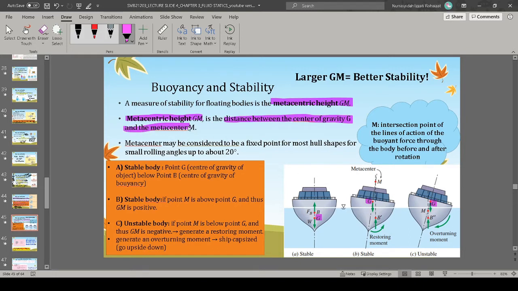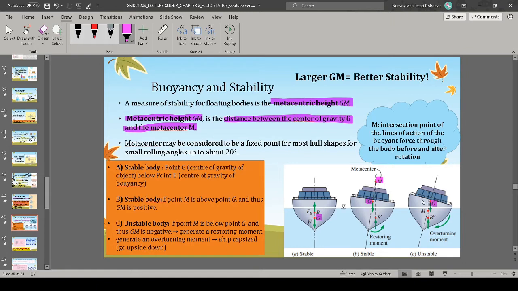and the metacenter. So we can see that when G and B are aligned, for this case we don't have a metacenter. So for cases B and C, we have metacenter. For this case, when G is above B, we have the metacenter at the top.